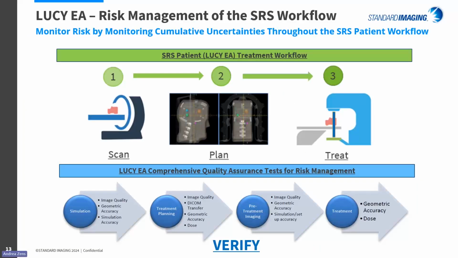The Lucy EA Phantom easily fits into your stereotactic patient treatment workflow. By using the Phantom as a patient substitute, you can scan, plan, treat, then verify with minimal setup variation. And what is it that you can verify?